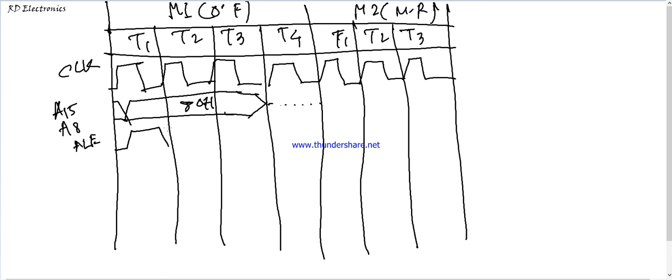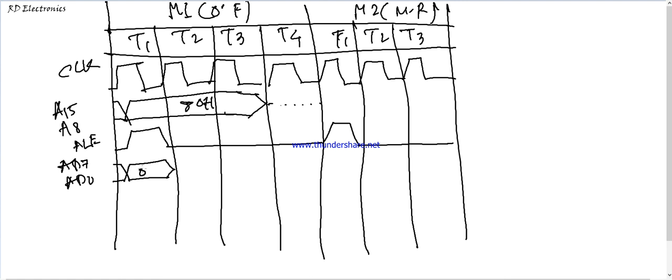This ALE is high here and again low, and again high and then low. So this demultiplexed address and data bus is used first as an address bus to get the exact address where we store the opcode. So what is the opcode? In 8000, the opcode is 06. That means this is the hex code of MVI B.